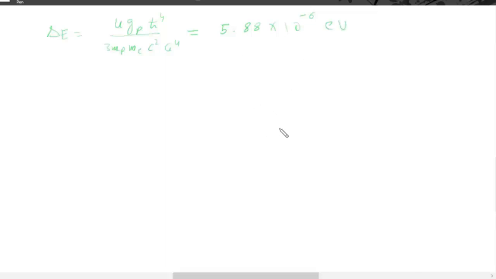Okay, now we can draw here, using another color. This is the unperturbed case, and when we apply this, then one state is here and the other state is here.